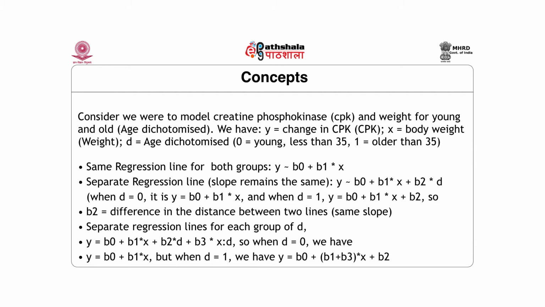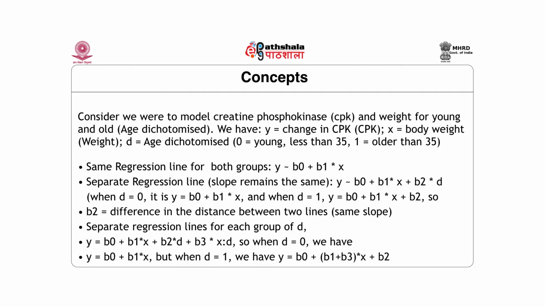Okay, so we'll have 2 different lines. So then we say that it's going to shift by b0, which is the intercept. That intercept will get shifted or changed. It can be even more complicated.